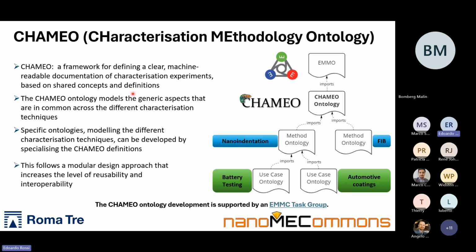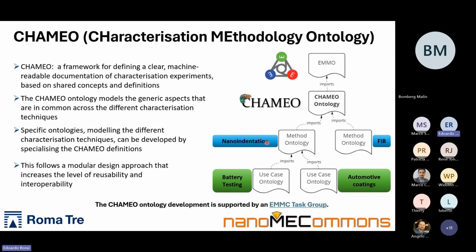And you see on the right, there is a diagram saying that basically every use case, so this diagram must be read from the bottom to the top. Each use case, which were the examples that Marco was speaking about, imports a specific low-level ontology, which in this case is the nano-indentation ontology.